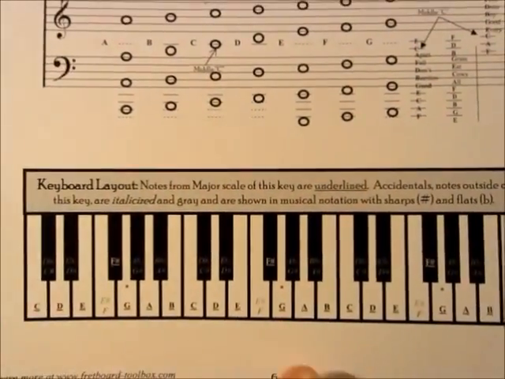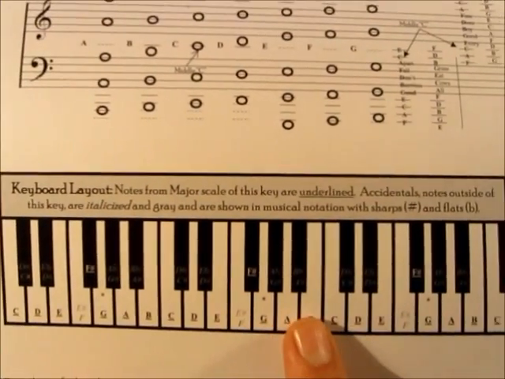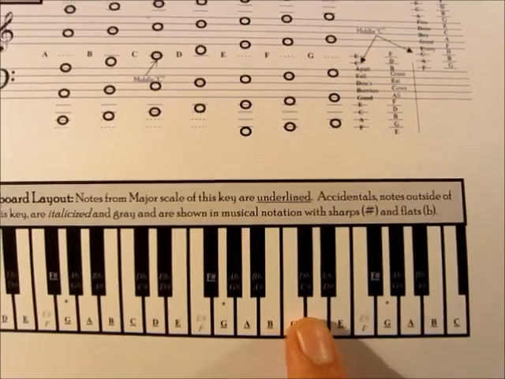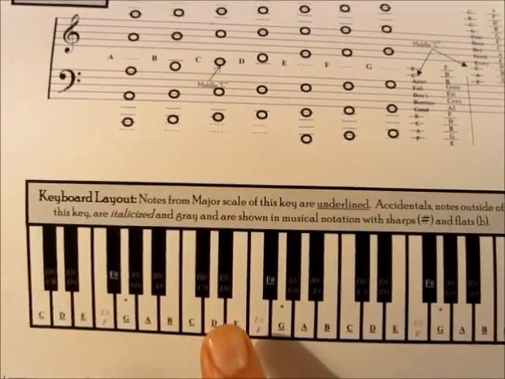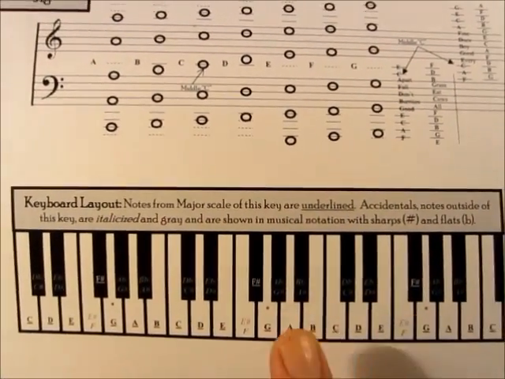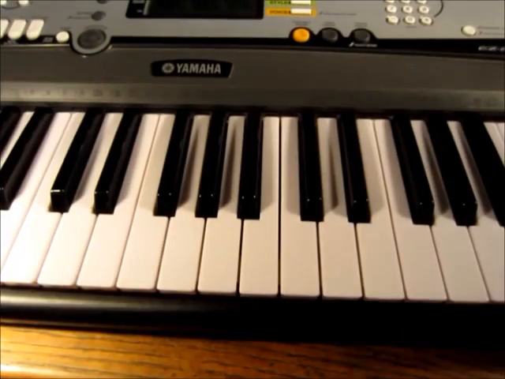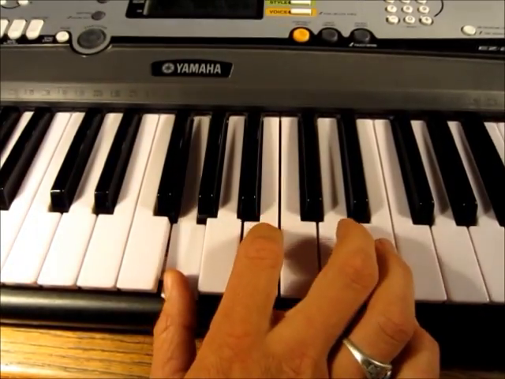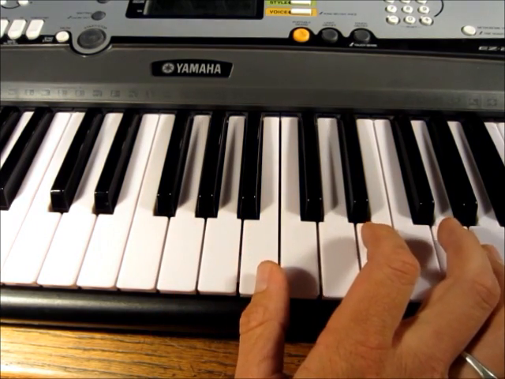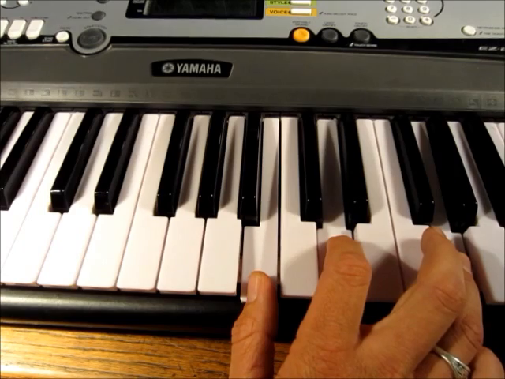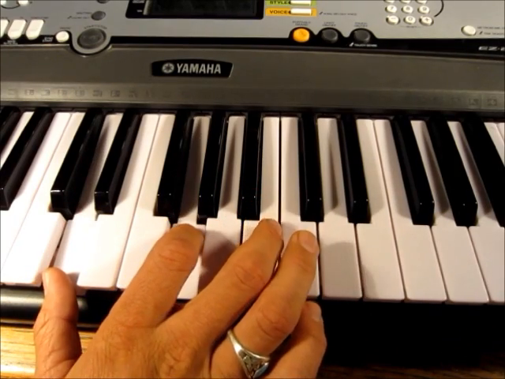So I can look down here and see I could play G, B, D. I could play B, D, G. I could play D, G, B. Anywhere on the piano, you'll be playing this combination. So you could play G, B, D, B, D, G, or you could play D, G, B.